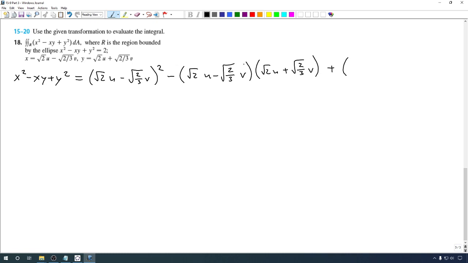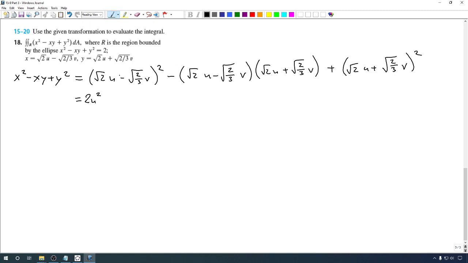Then we add that same thing squared. Of course, we probably don't want to leave it in that form. Let's expand things out. Remember how we expand this out, we end up squaring square root of 2u, so we just get a 2u squared.